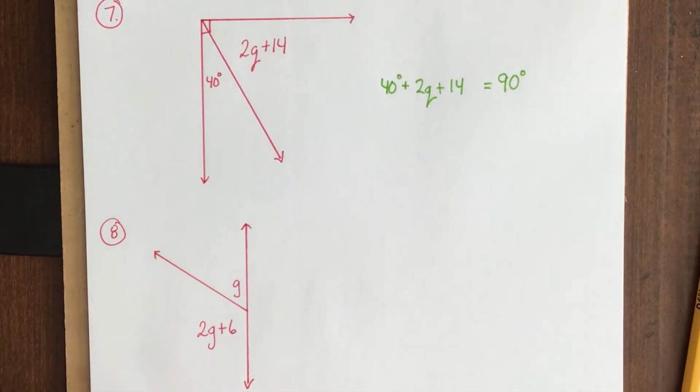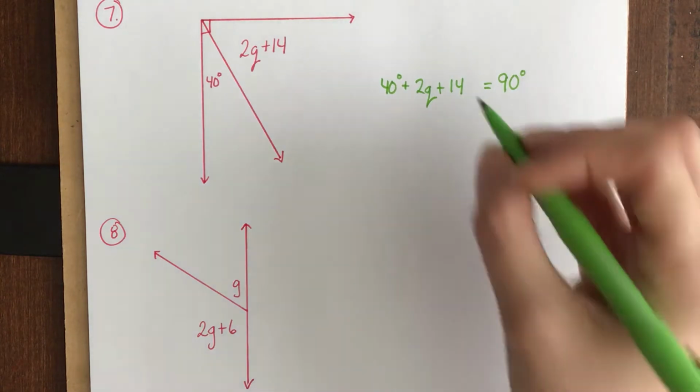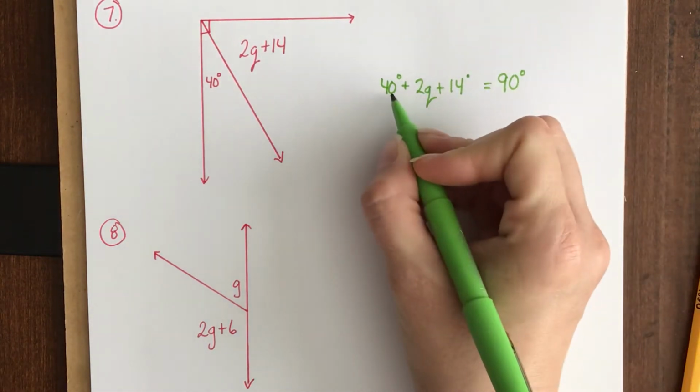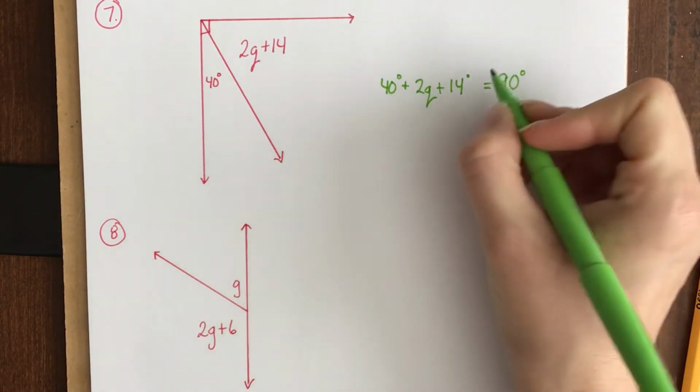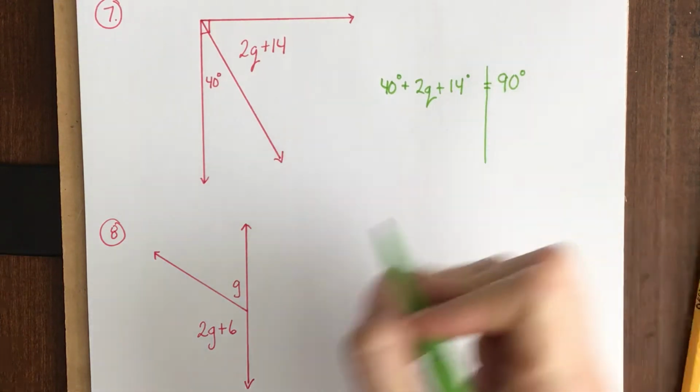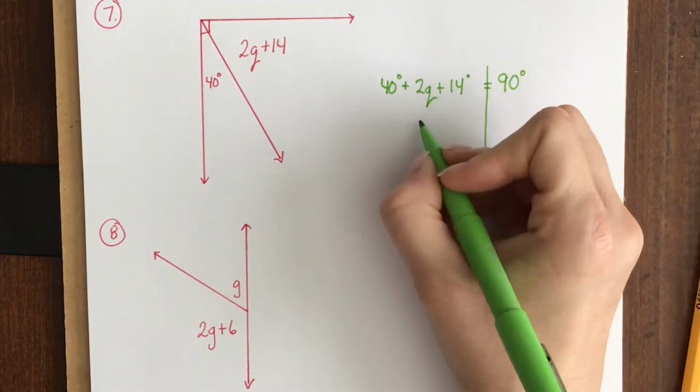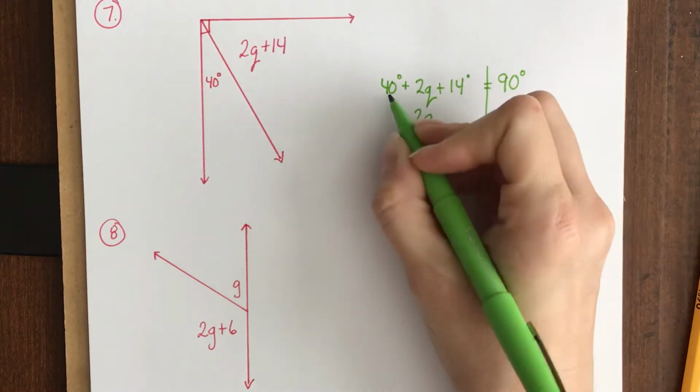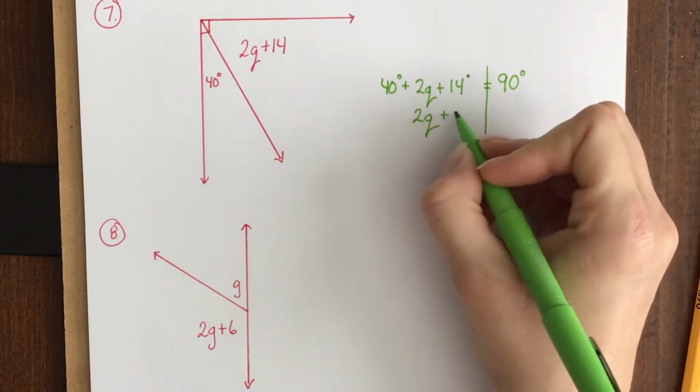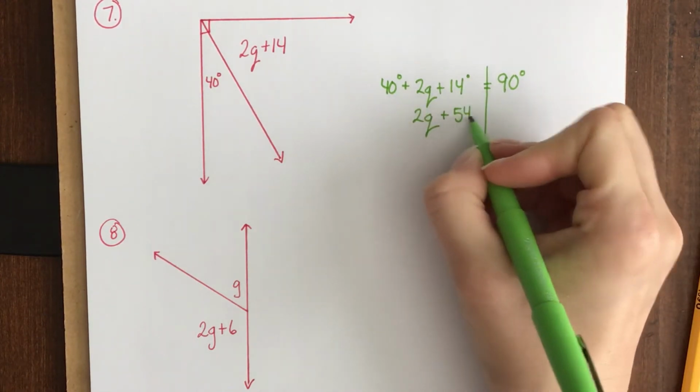Now let's go ahead and solve it. Before I do that though, we have some like terms that we can combine, because this is going to create a two-step equation. So I am going to add 40 and 14, and I get 54.